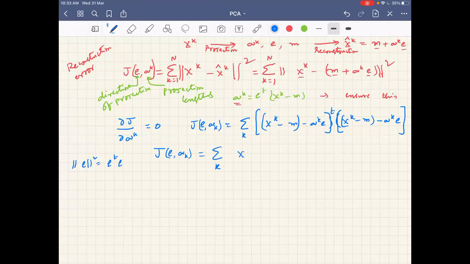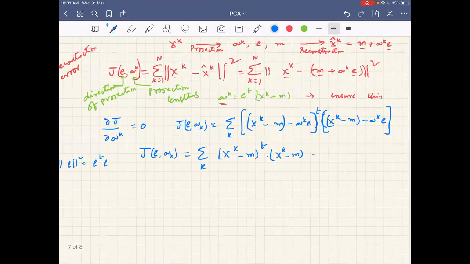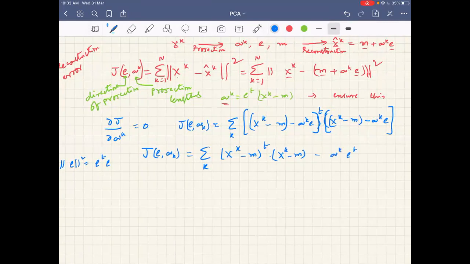I will do that. Xk minus M transpose Xk minus M, minus AK into E transpose into Xk minus M, minus Xk minus M transpose into E into AK.